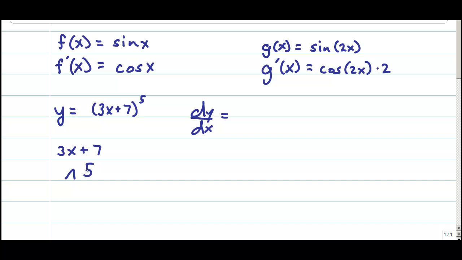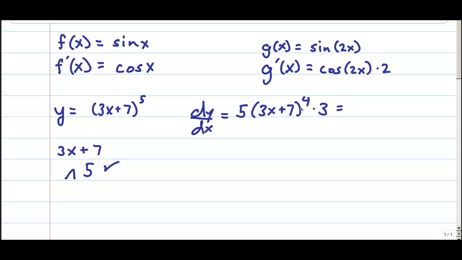So I'm going to take this 5th power first, and I get 5 times (3x plus 7) to the 4th. I'm just applying the power rule. And then I remember I've got to take the derivative of the inside. The derivative of 3x plus 7 is 3.